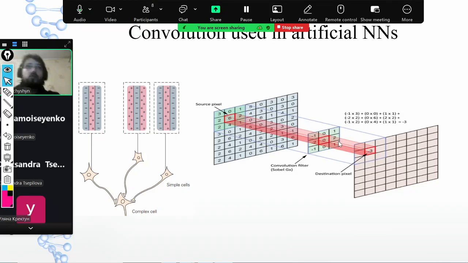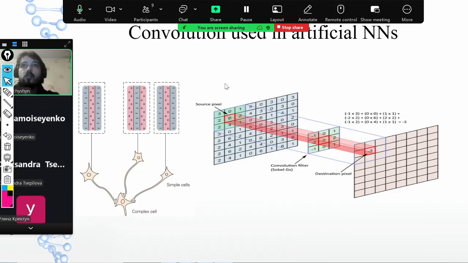And this sort of operation, if you carefully choose the kernel, will look pretty similar to what we have with our receptive fields. When we have some signal in the center, the neurons tend to generate action potentials. And whenever we have some signal on the periphery, neurons tend to inhibit that generation.